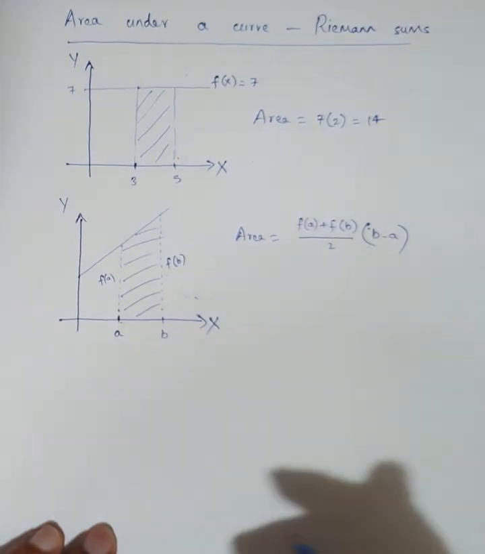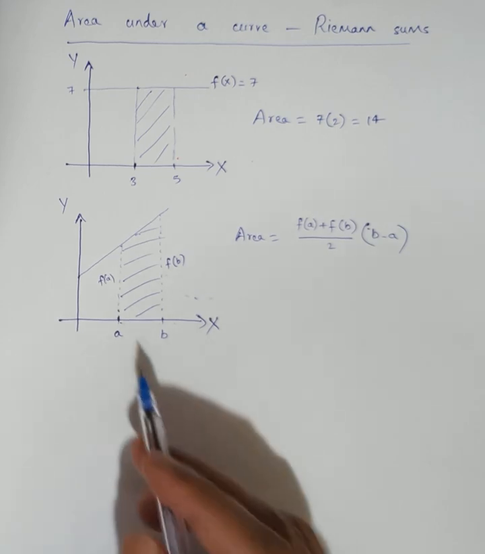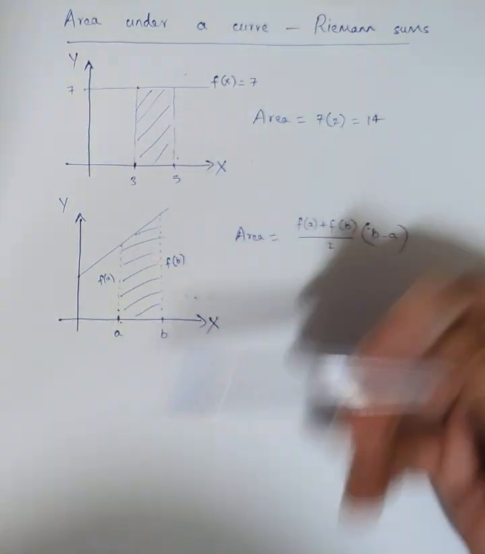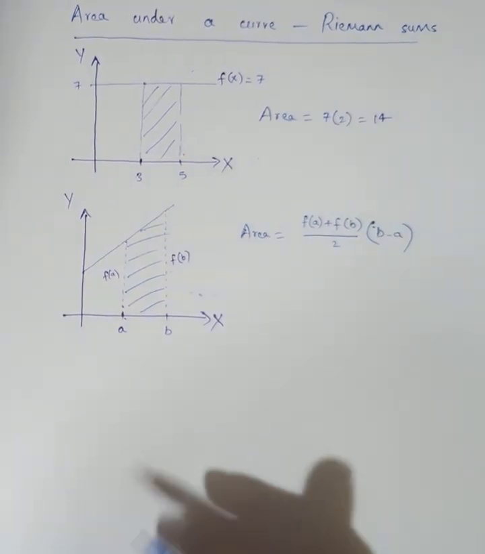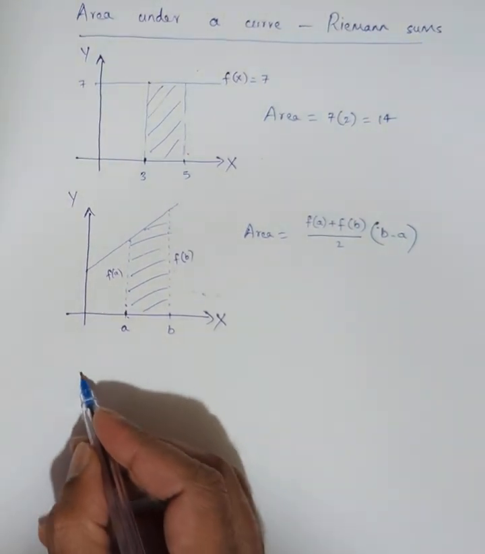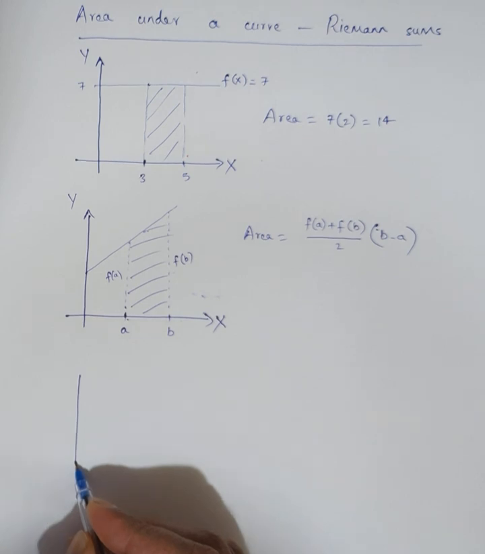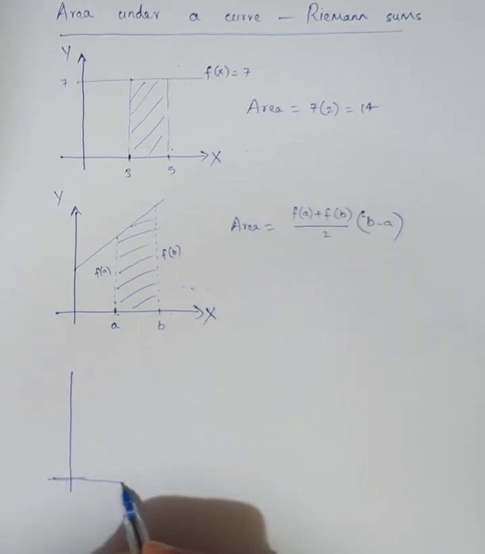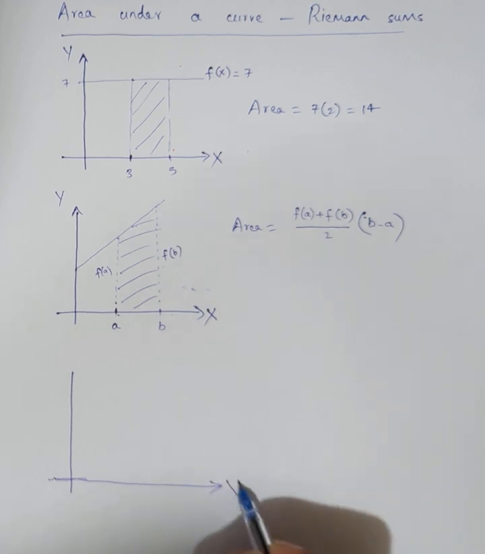Now, however, if I don't have a nice function, if it's not a linear function, then I would say we can't use our geometry anymore.